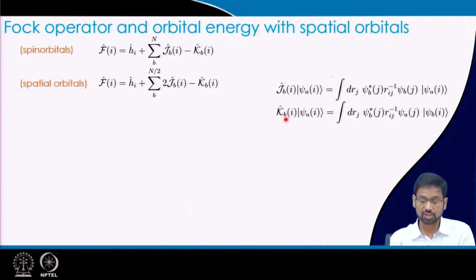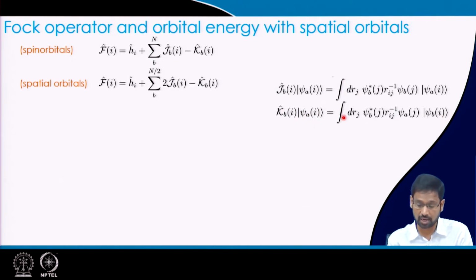In case of the exchange operator, when it acts on the spatial orbital psi_a(i), it would have exactly the similar form that we had for the spin orbitals. So, we know that when the exchange operator acts on psi_a, it would exchange the electron: electron i, instead of occupying psi_a, occupies psi_b.